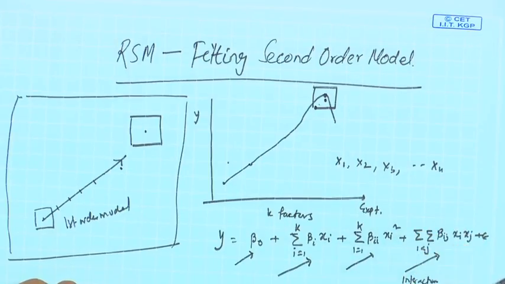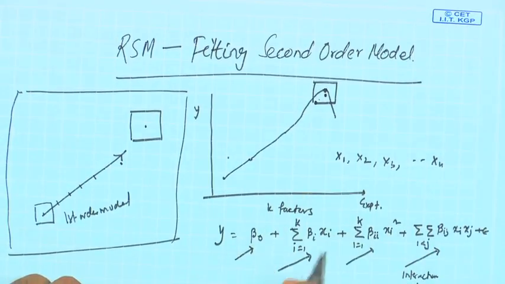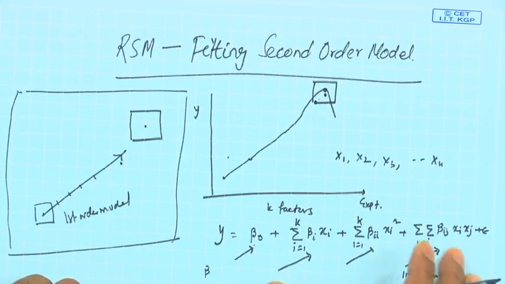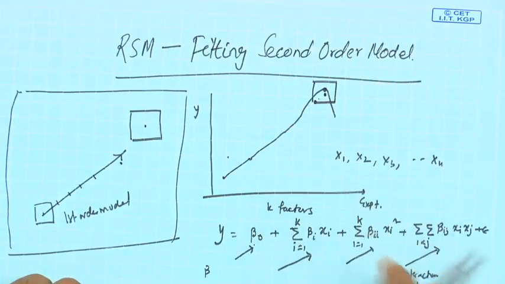Today's class is about how to estimate all these betas, and in order to estimate all the beta parameters, what the experimental design should be, so that this many parameters can be estimated.